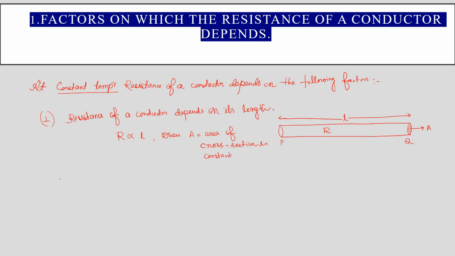Second, resistance of a conductor depends on its area of cross section.